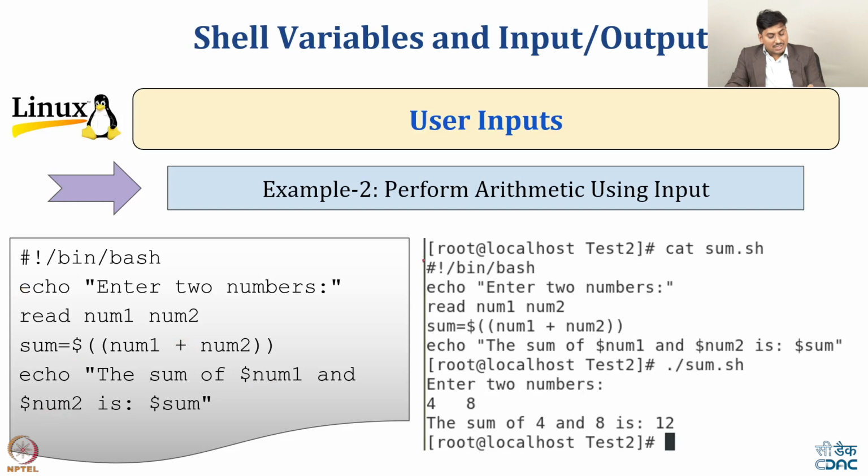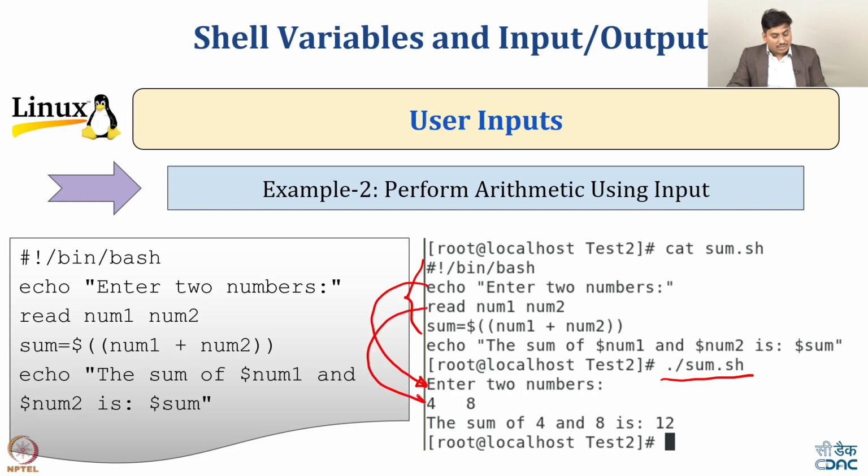Here you can see that this is the script, the same script. If I run this script, then for this command, when it executes, it will print this message and wait for the two numbers.